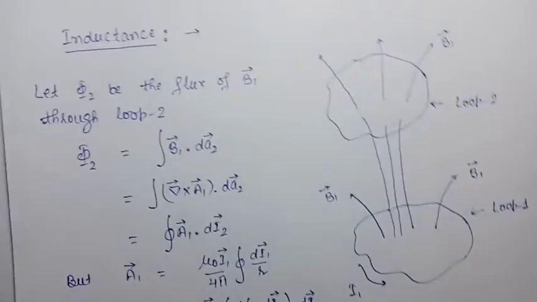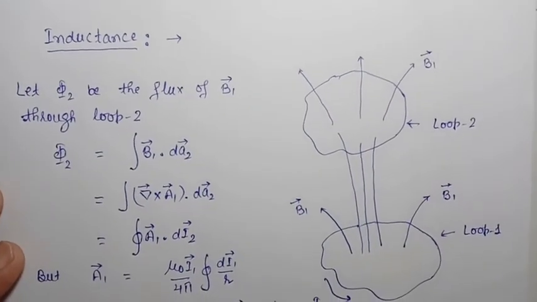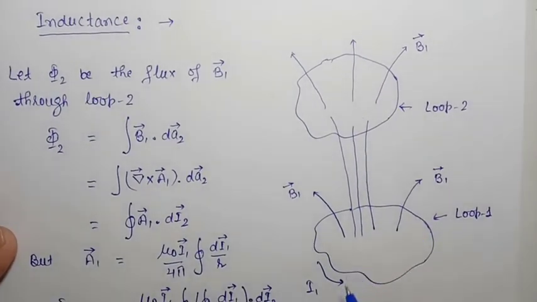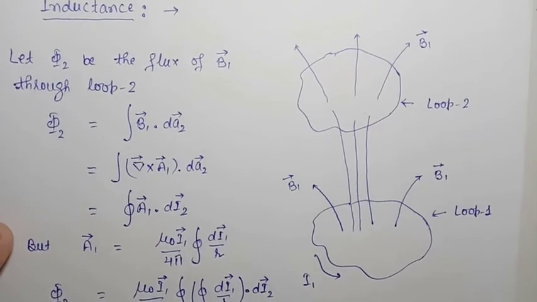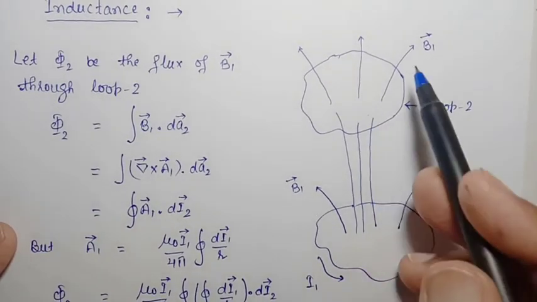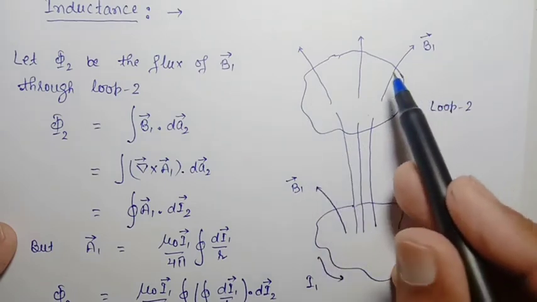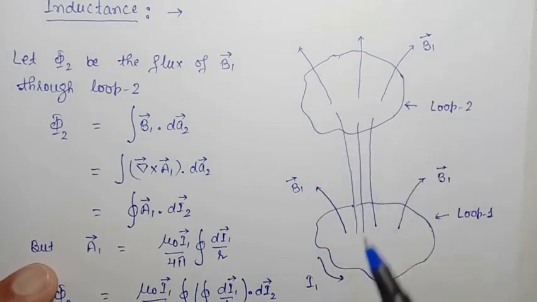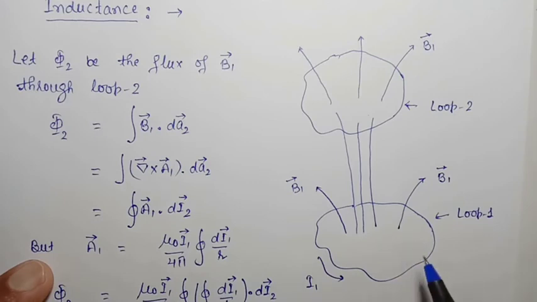I will repeat the same. When we change the current in this loop, it induces EMF in the nearby loop, but it also induces EMF in the source loop itself.